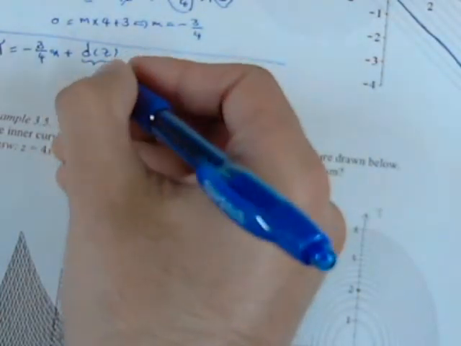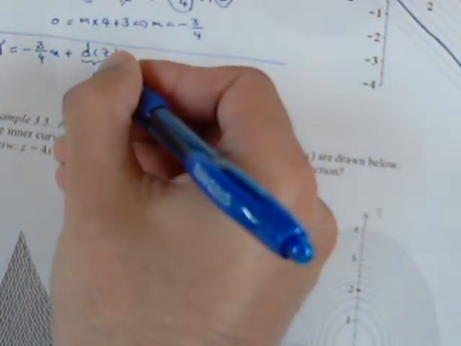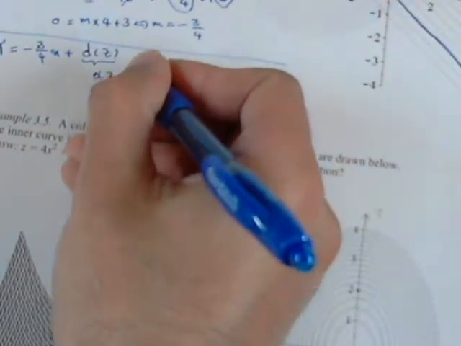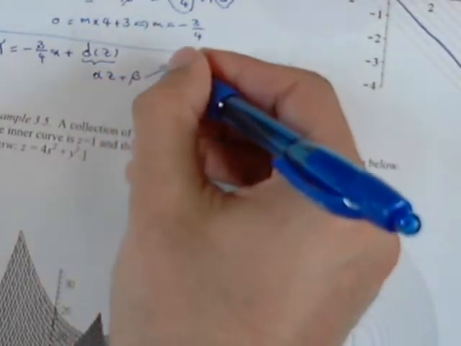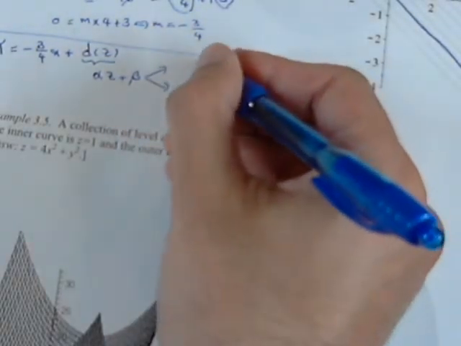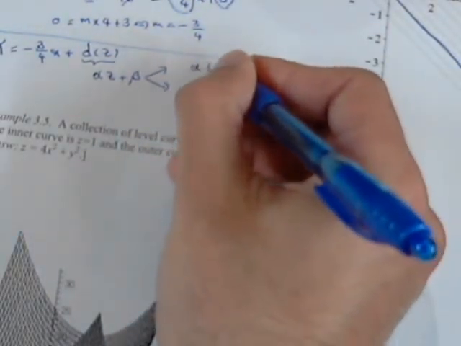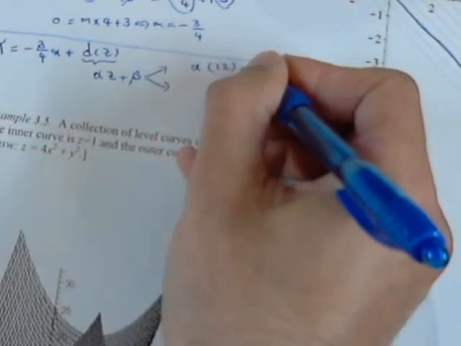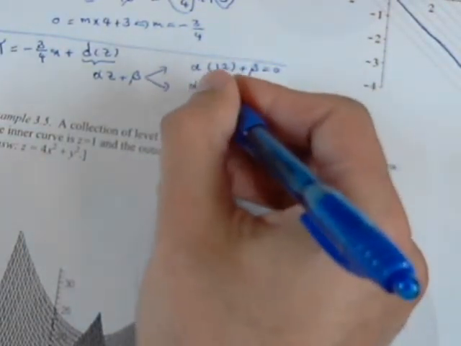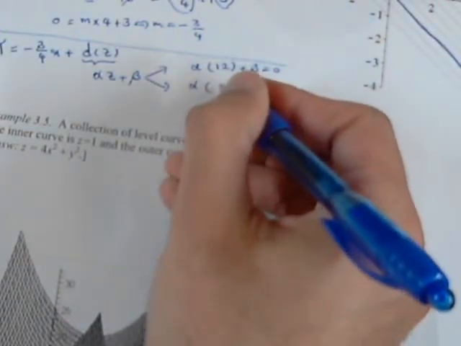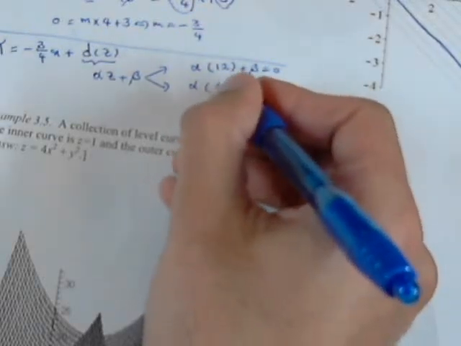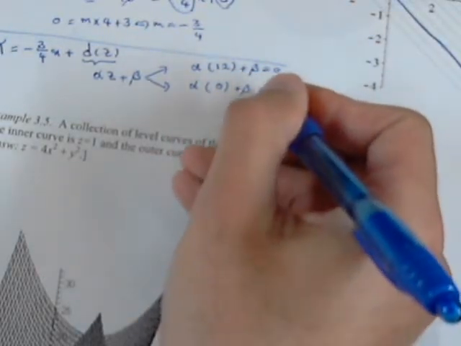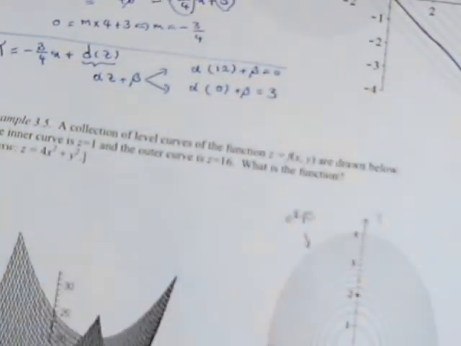It is some alpha times z plus beta. And I know two things. Alpha times 12 plus beta is 0, and alpha times 0 plus beta is 3.